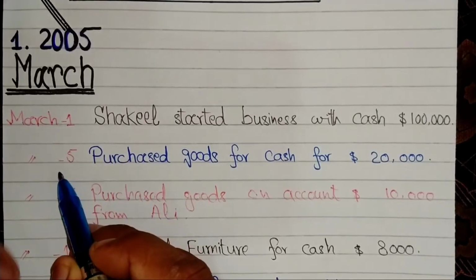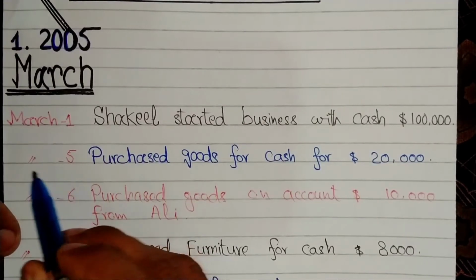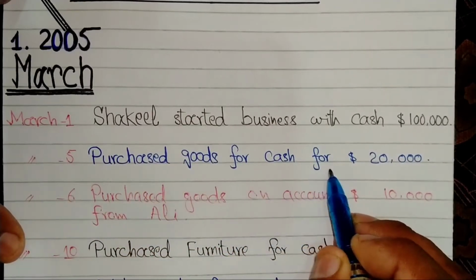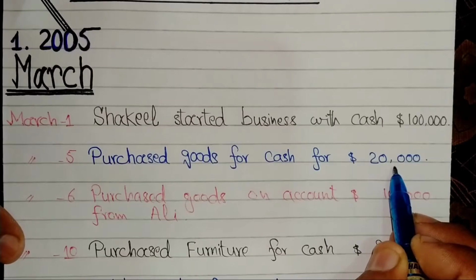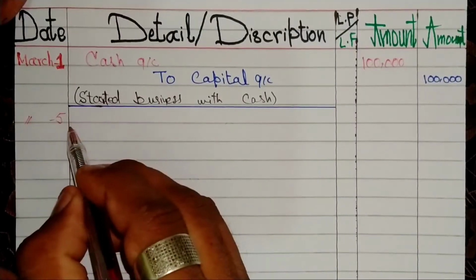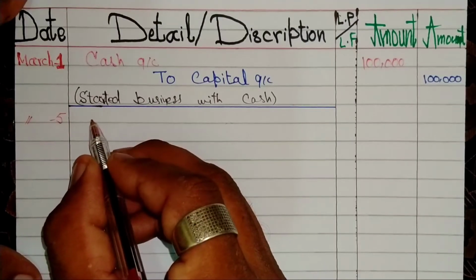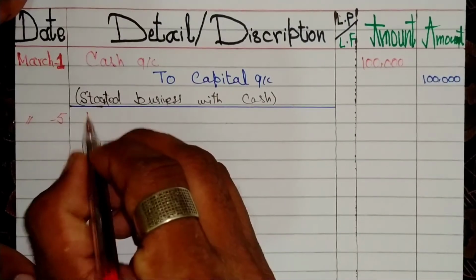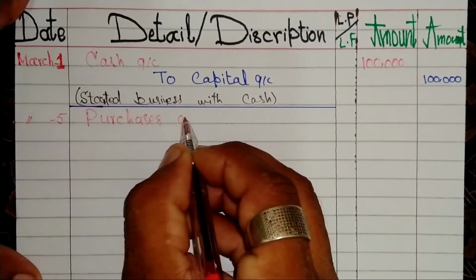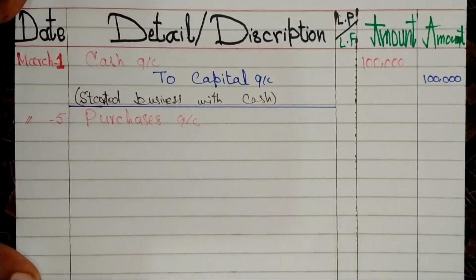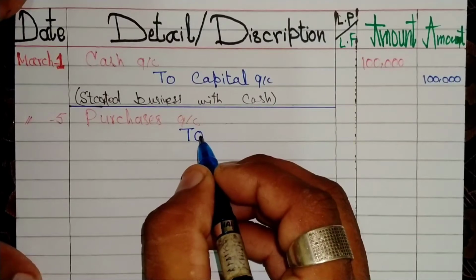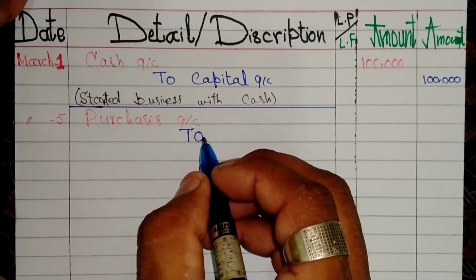Second transaction of his business on March 5th, purchased goods for cash amounted $20,000. On 5th March, purchases account will be debit. Purchases account to cash account credit, because purchases has been done on cash basis.